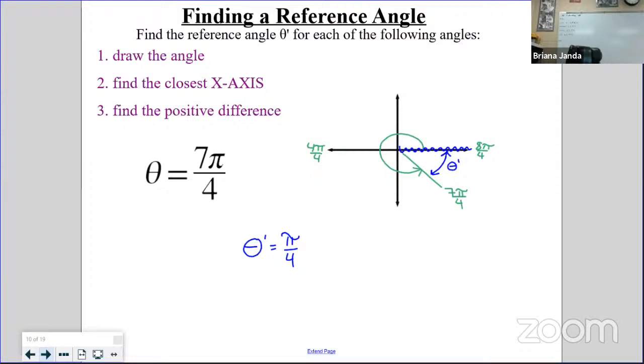Okay, we're just going to kind of keep bopping back and forth between degrees and radians here. 6 pi over 4 would actually, I don't want to confuse anyone. 6 pi over 4 would not have a reference angle because it would fall on your y-axis. So it's kind of a different story. 6 pi over 4 is actually 3 pi over 2, if you were to simplify it.